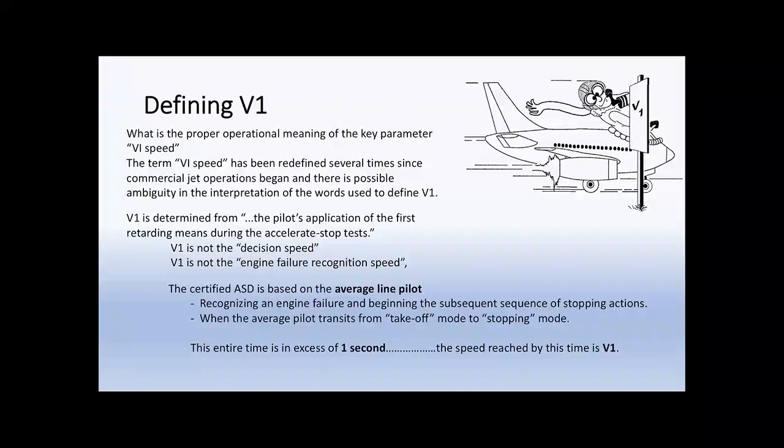So V1 is actually the speed, which is when the pilot first recognizes a failure, starts taking the action, and takes the first action to stop the aircraft. I hope I have been a little clear in this.